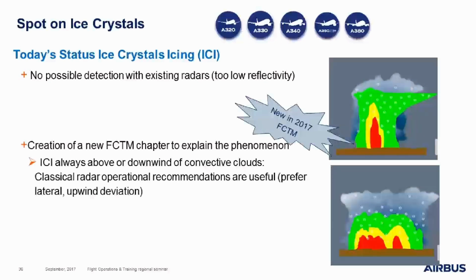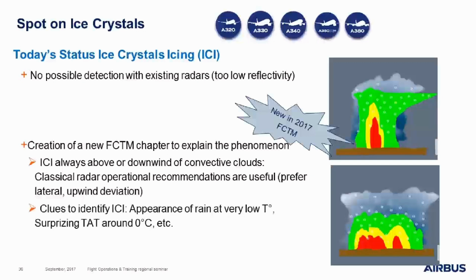Ice crystal icing is always located above or downwind of convective clouds. That is why classical radar operational recommendations are useful. These recommendations say to prefer lateral and upwind deviation. By doing so, you will also avoid ice crystal areas.